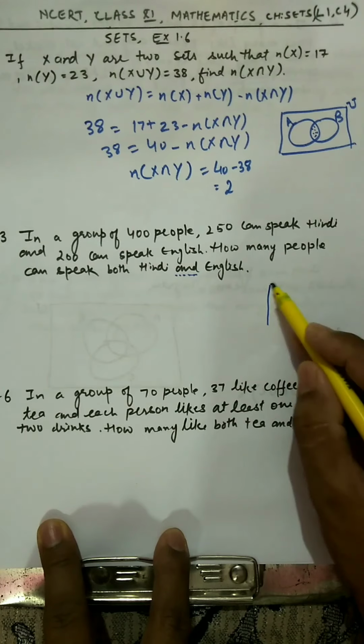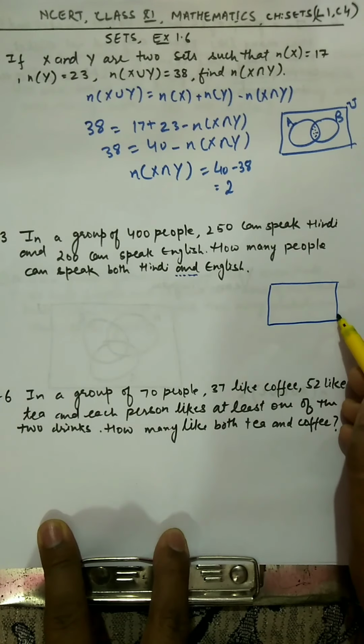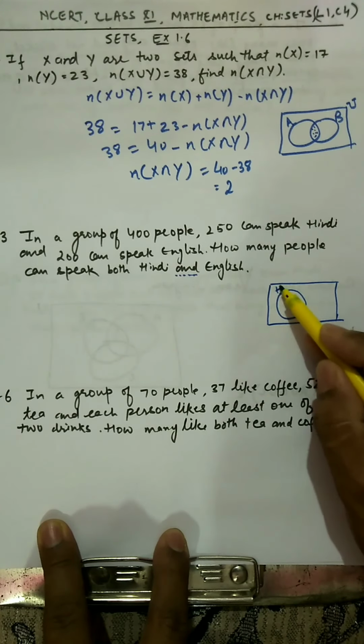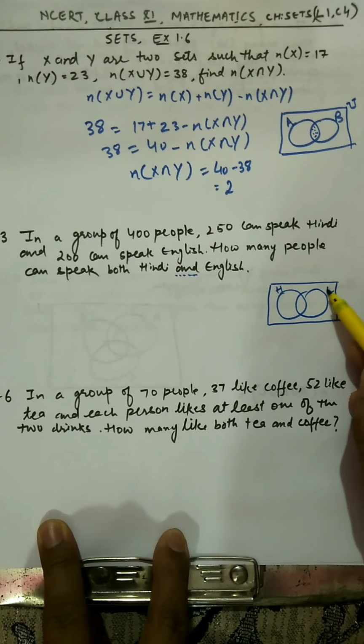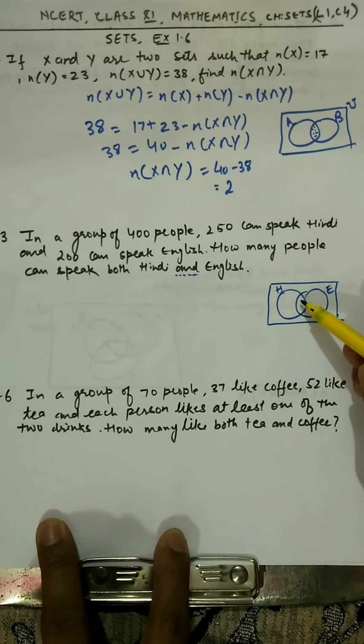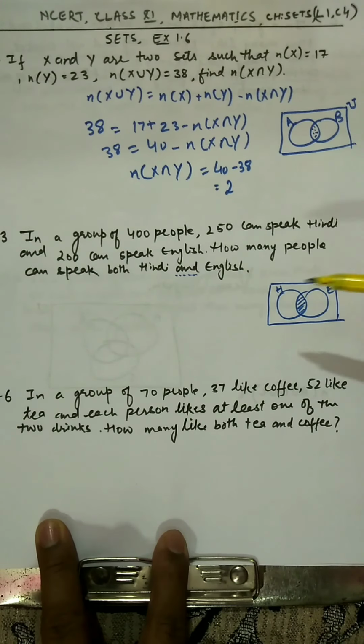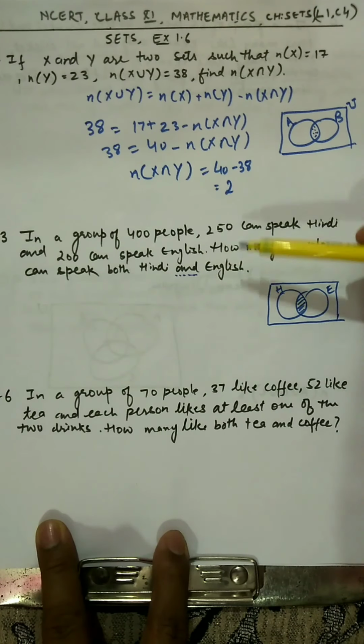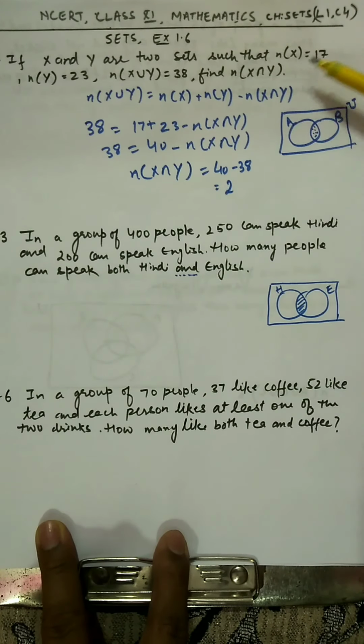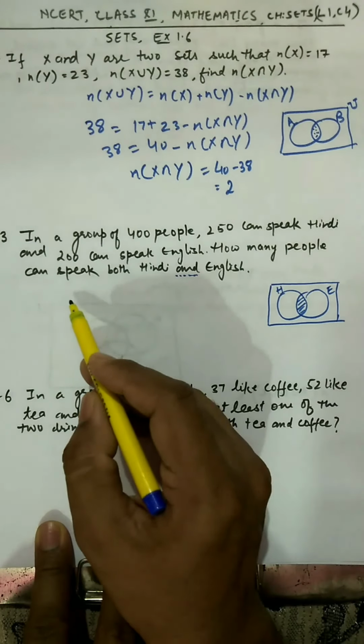If I make a Venn diagram, with this one for Hindi and this for English, they are asking how many people are in this intersection area. So this question and the previous one are the same. The difference is that this problem is asked in words, while there the numbers were given directly. That's okay, we can solve this also.